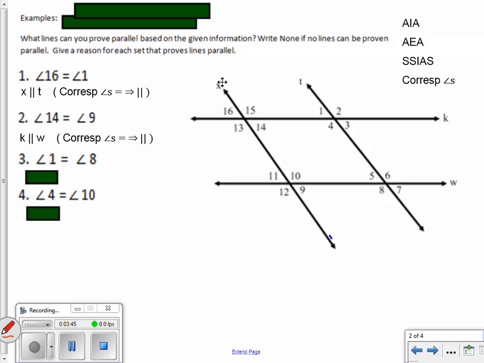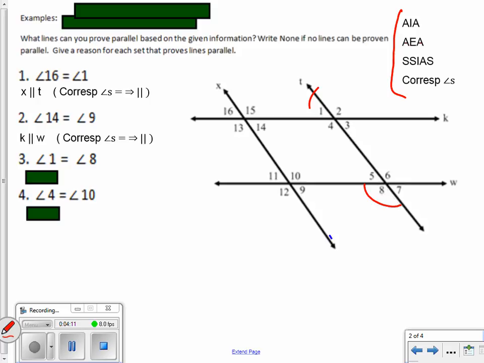How about if angle 1 is equal to angle 8? Now again, just by looking at this, you can tell angle 1 probably isn't equal to angle 8. But we'll just go with it. We'll say that those two are equal. Does that relationship fit any of these up here? Are they alternate interior angles? Are they alternate exterior angles?